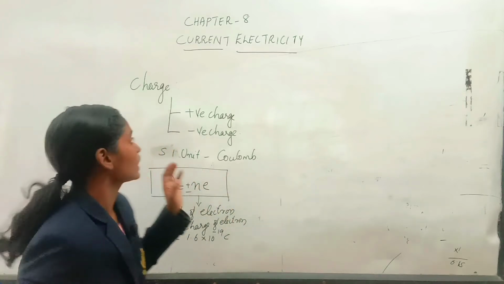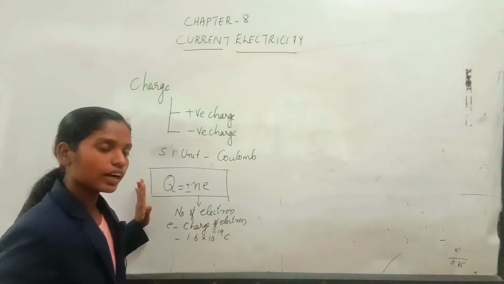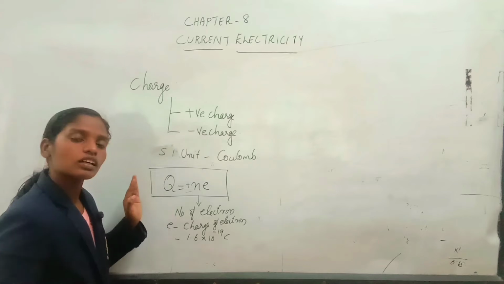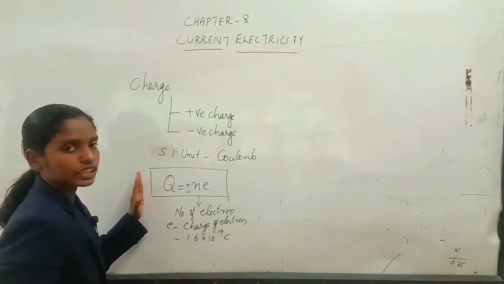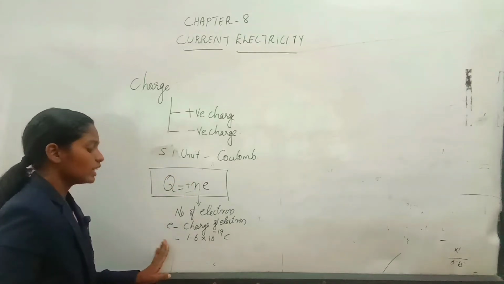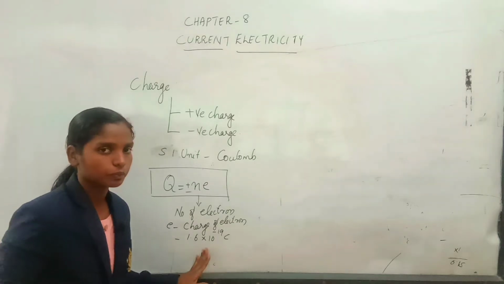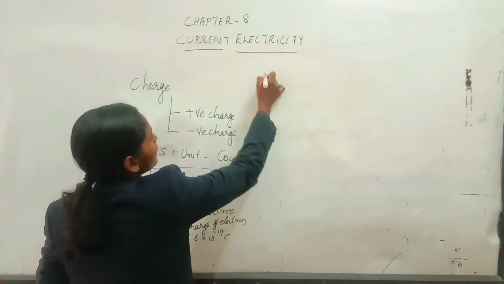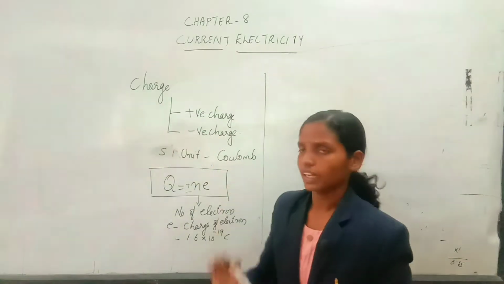This is how bodies get positive and negative charges. So we write quantization of charge as Q = ±NE, where N is the number of electrons and E is the charge of the electron, 1.6 × 10^-19 Coulomb. So now we have learned what we mean by charge.